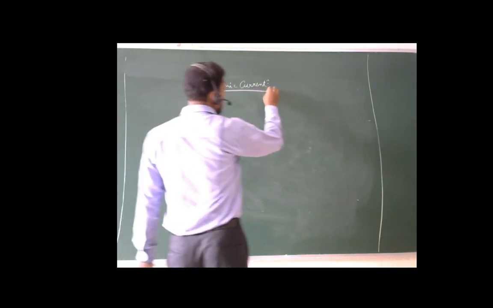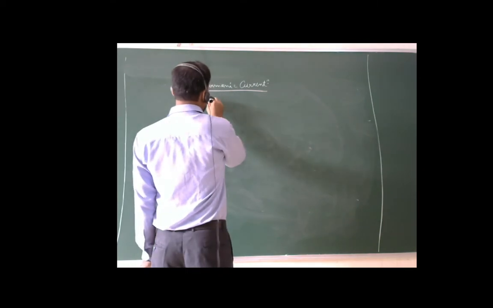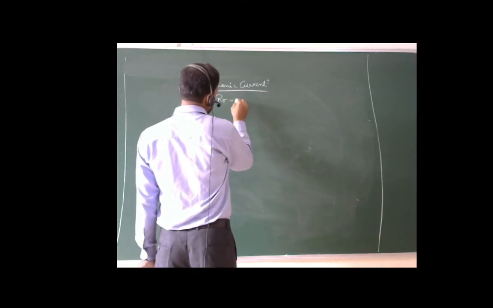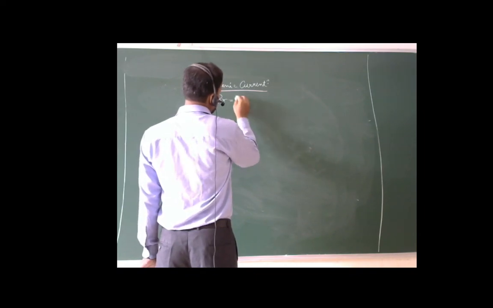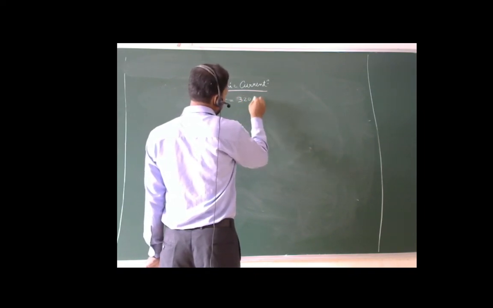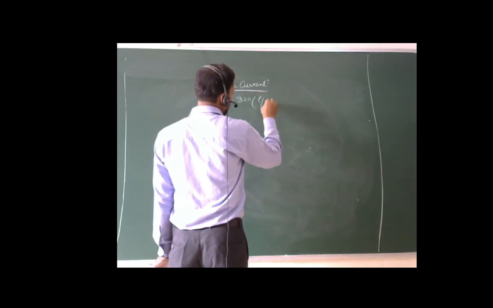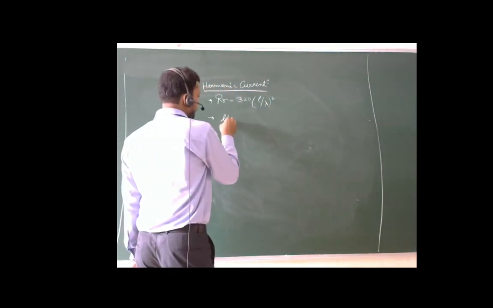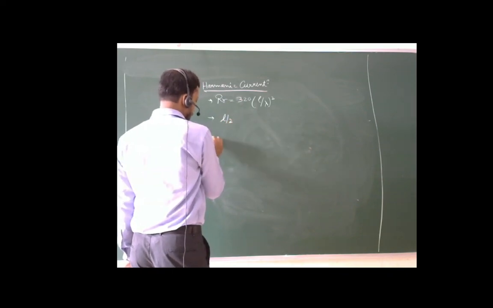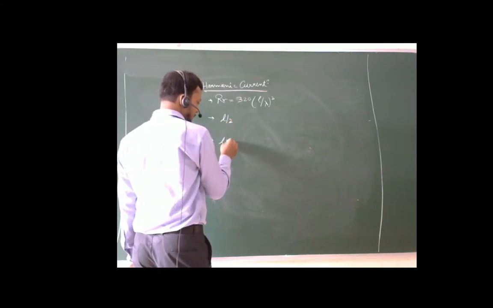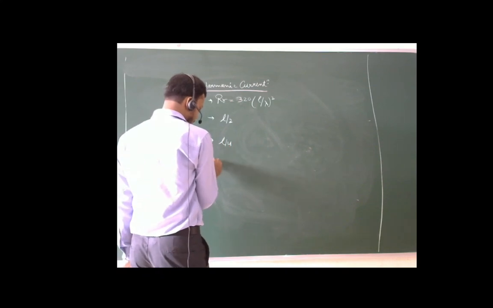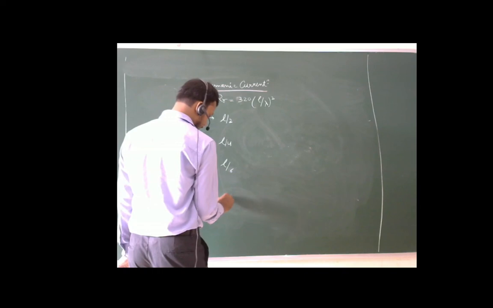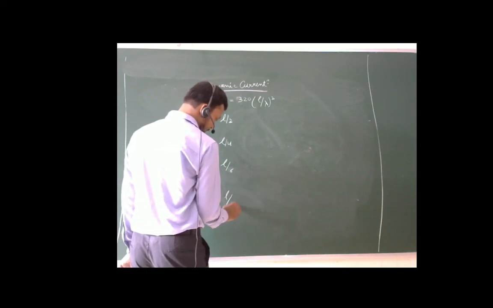So we are summarizing our result. The RR is given for different lengths, that is lambda by 2, lambda by 4, lambda by 6 and lambda by 8.